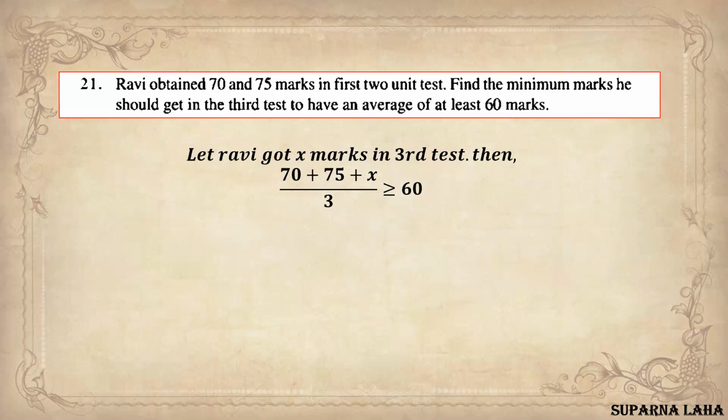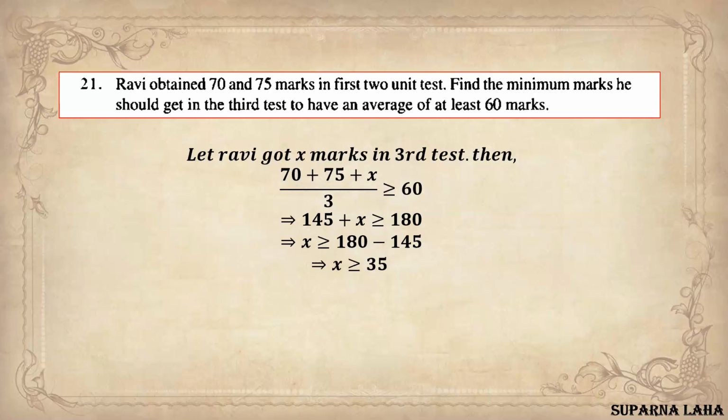Okay, so if we simplify it, we will find that 70 plus 75, that is 145, plus x is greater than or equal to 3 into 60, that is 180. So if we simplify, x will be greater than or equal to 35.